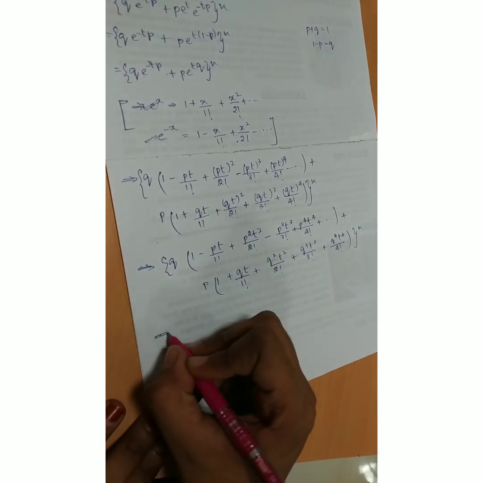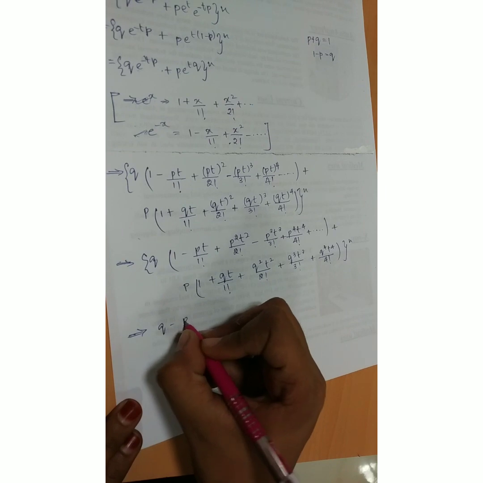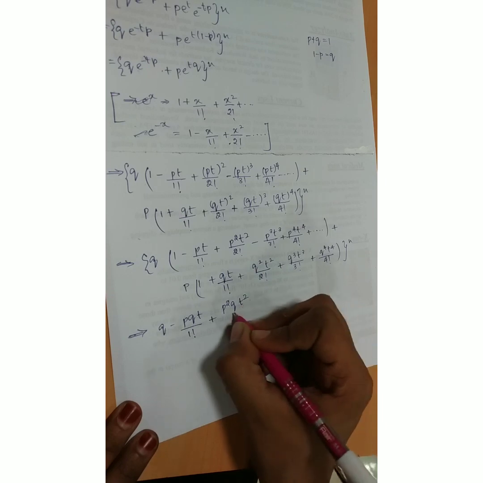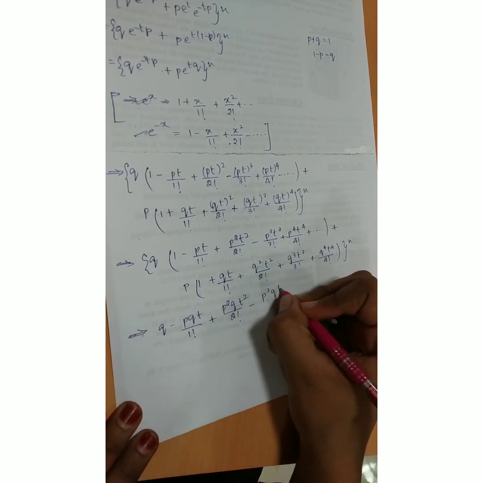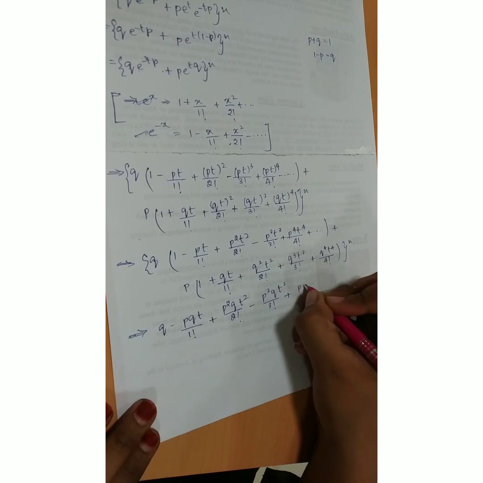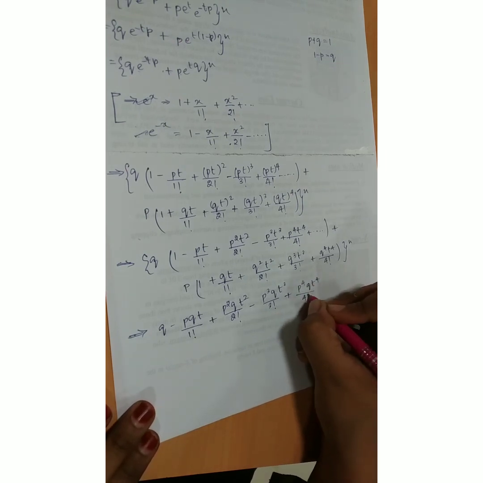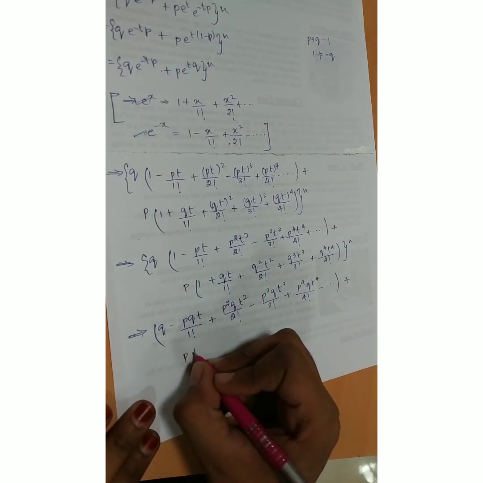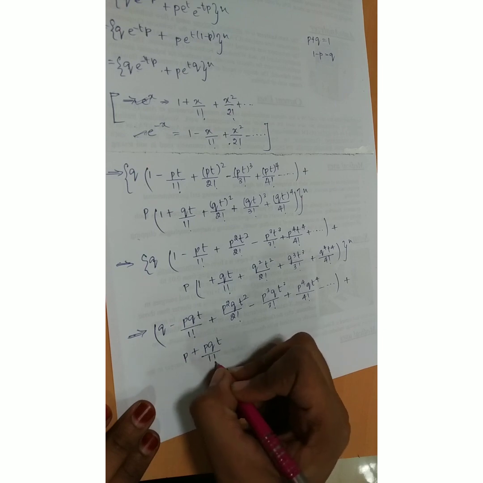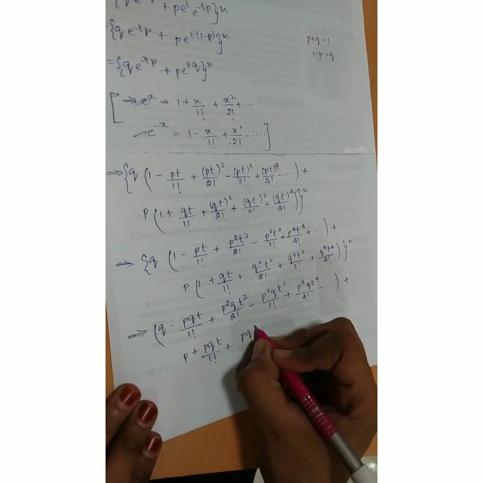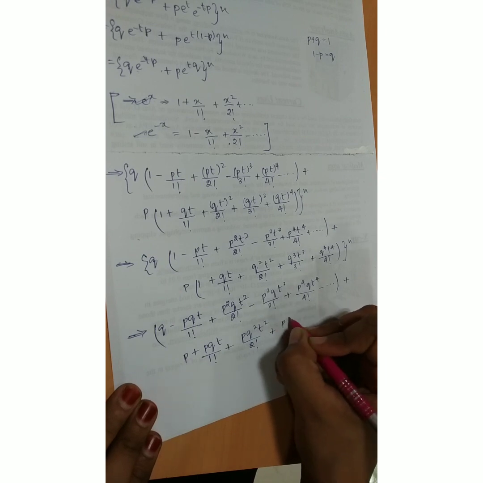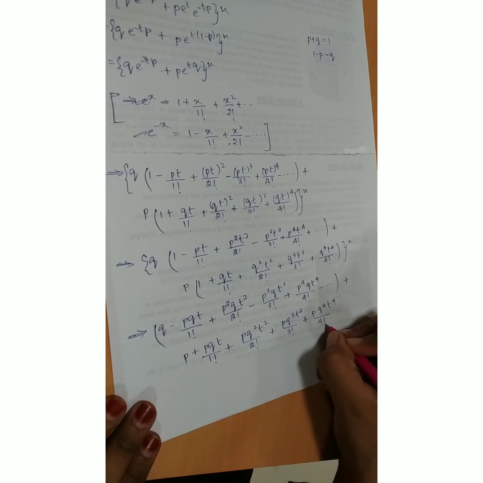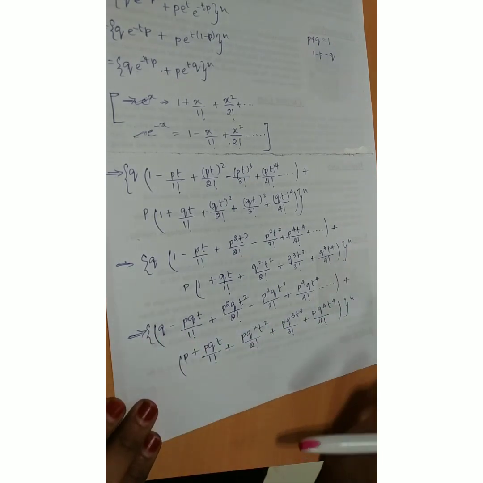Then taking the q and p inside, we get q minus pqt by 1 factorial plus p square q t square by 2 factorial minus p cube q t cube by 3 factorial plus p power 4 q t power 4 by 4 factorial minus etc., plus, taking p inside, we get p plus pqt by 1 factorial plus q square p t square by 2 factorial plus p q cube t cube by 3 factorial plus p q power 4 t power 4 by 4 factorial etc., the whole power n.